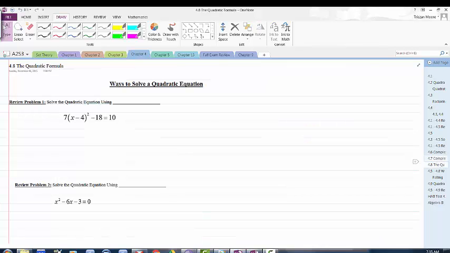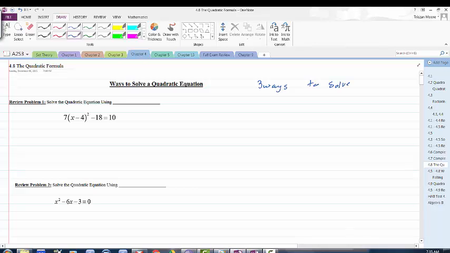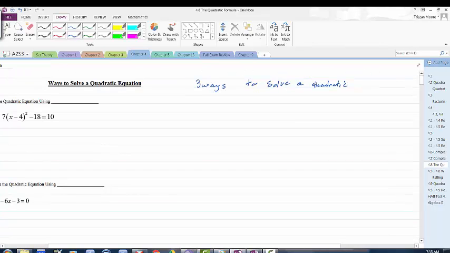But the part that I really wanted to get to is the quadratic formula. Now, there are 3 ways, I'm sorry, not a quadratic formula, but a quadratic equation. Three ways to solve a quadratic equation.